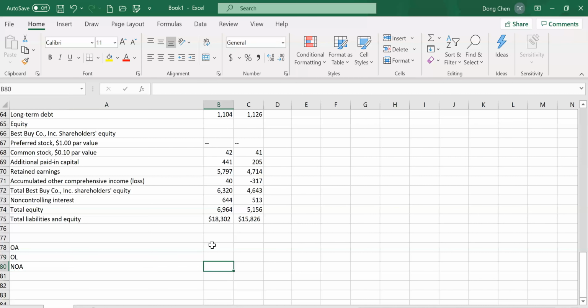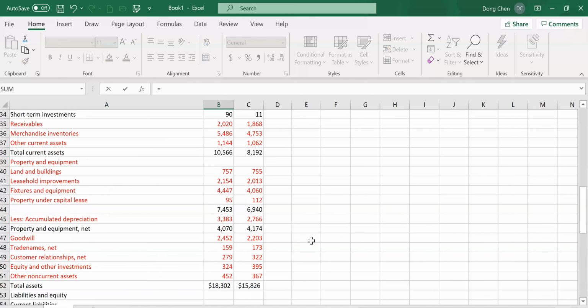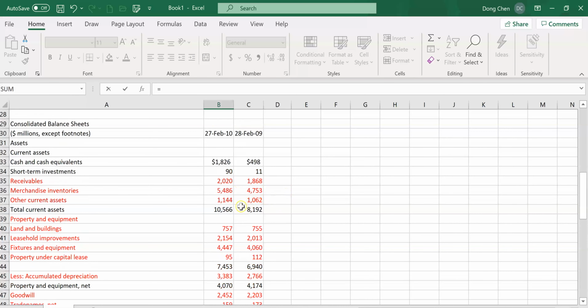and then their difference becomes NOA, right? Net operating asset. So operating assets basically is to sum up all the items on the asset side which are marked in red. So we start from receivables, and then merchandise inventories, and then other current assets. And then, as we said, we can continue to sum up all this red, but we said earlier, for the fixed assets, all the items on the fixed assets are operating.